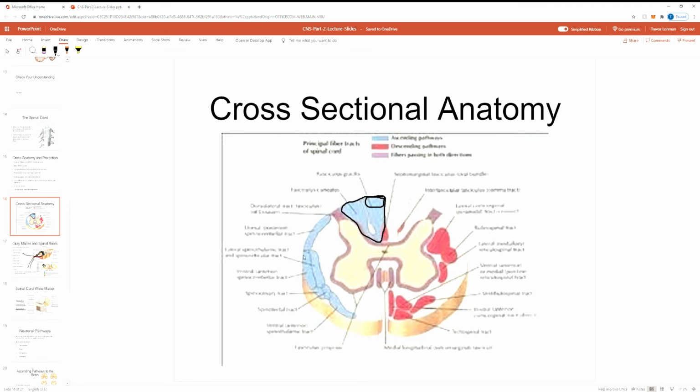So you can picture axons traveling from a lower level of the body, right? This is behind. We can't really see this. And then they might emerge from here and keep going up to the brain, okay? Because we're just taking a slice out of the spinal cord. So we're picturing something 3D, but we're just looking at a little slice of it. So it can be hard to visualize.